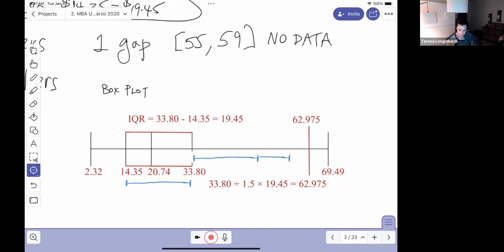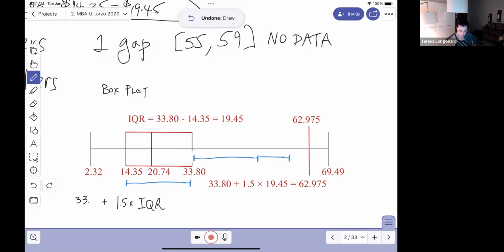The way that you do this is, on the side where you see the skew, you take 1.5 times the IQR and you add it to the end of the box where you're checking. The end of the box that I'm checking is 3380.